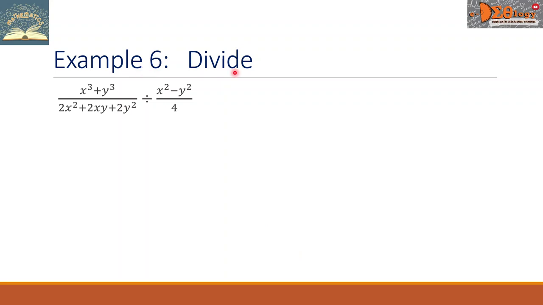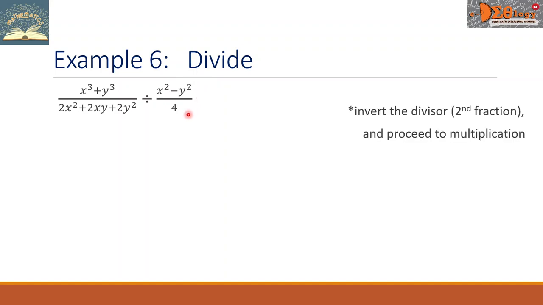Example 6. Divide the first rational expression x cubed plus y cubed all over 2x squared plus 2xy plus 2y squared by the second rational expression x squared minus y squared all over 4. We invert the divisor or this second fraction and proceed to multiplication.